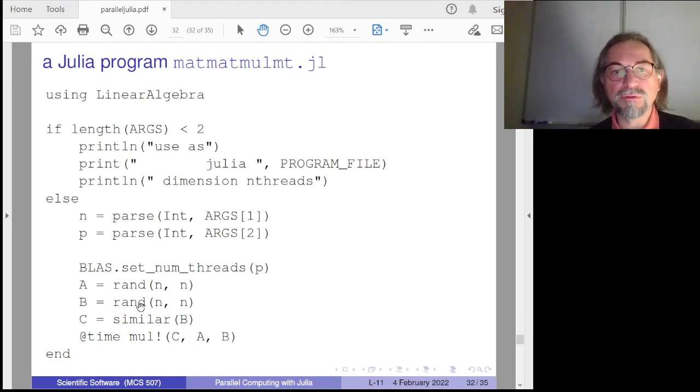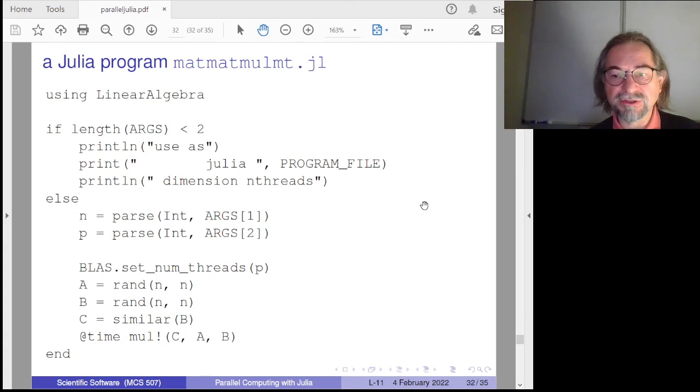If there are too few arguments, then you write an error message. Otherwise, you parse the command line arguments, which are in general strings. You parse them, so the number of processes, the dimension n, and then the number of threads. Okay, and here the rest of the code goes.